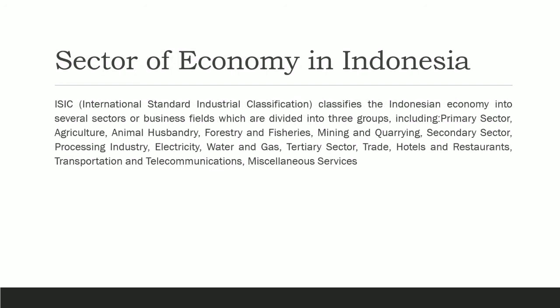ISIC, or International Standard Industrial Classification, classifies the Indonesian economy into several sectors or business fields, which are divided into three groups, including primary sector, such as agriculture, animal husbandry, forestry and fisheries, mining and quarrying; secondary sector, such as processing industry, electricity, water and gas; tertiary sector, trade, hotels and restaurants, transportation and telecommunication; miscellaneous service.